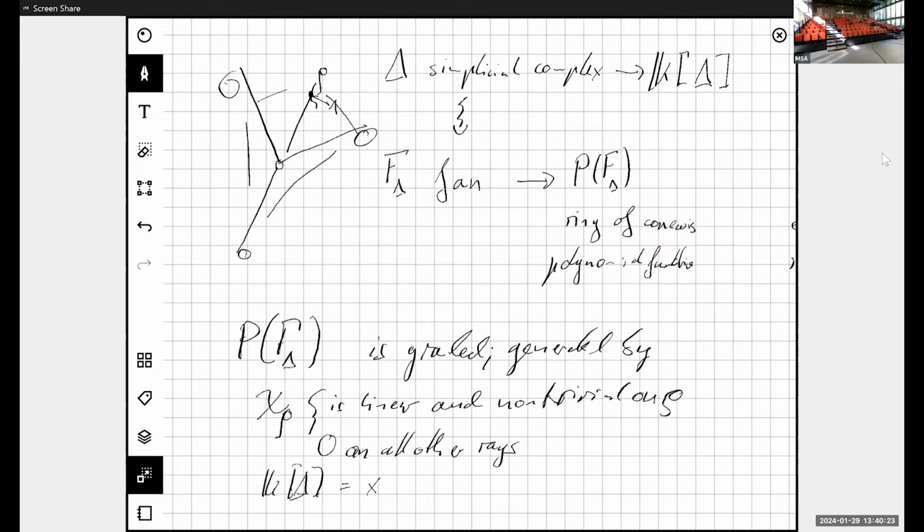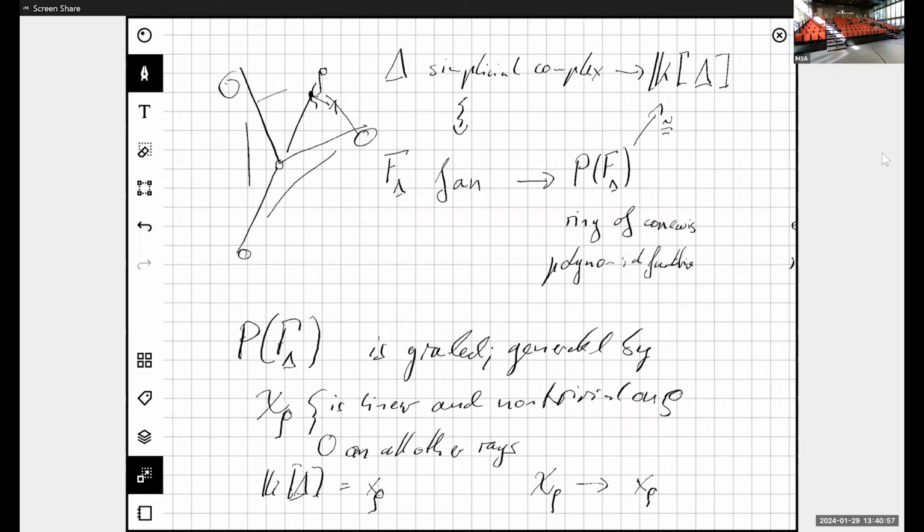The vertices in the original simplicial complex are exactly the one-dimensional cones, the rays. So I could look at the map sending chi rho to the variable x rho, and this turns out to induce this isomorphism.